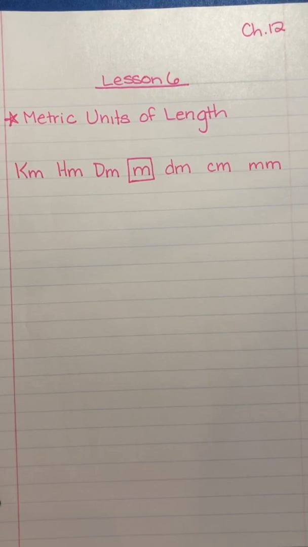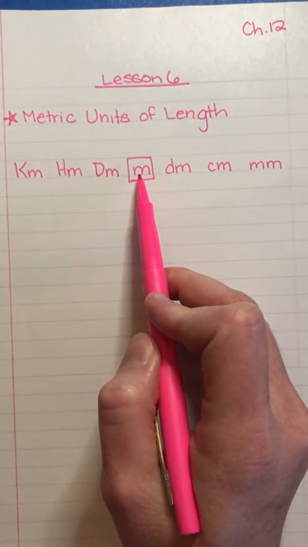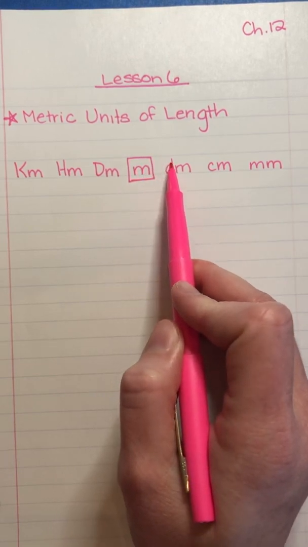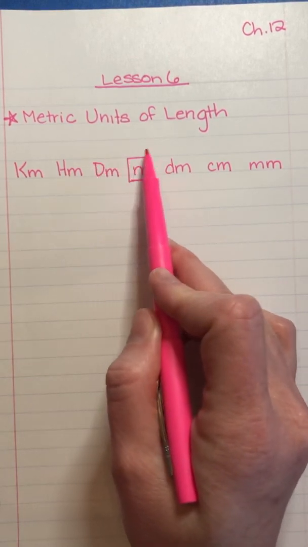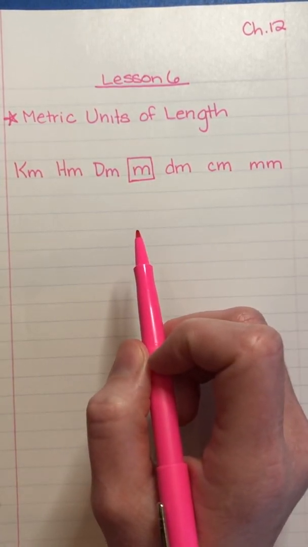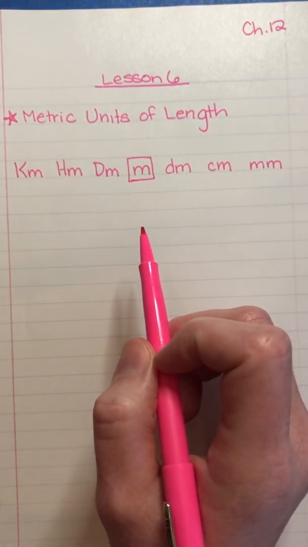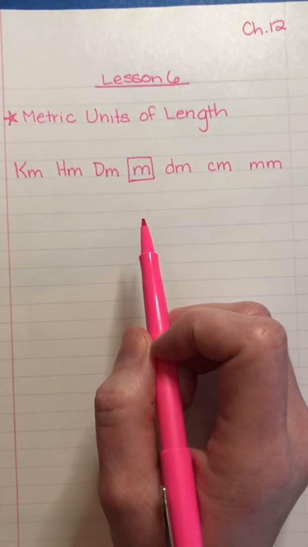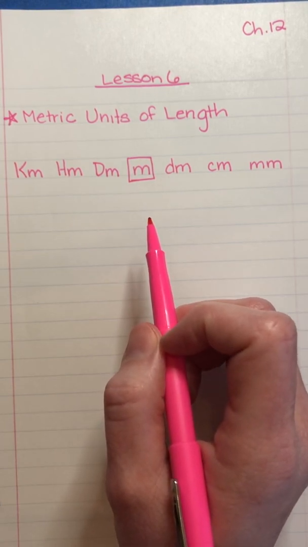So if I start with meter, every time I make a little jump in either direction, it's going to change by 10. Now, depending on where I'm moving to, I'm going to multiply or divide, but it's always going to be by a power of 10.